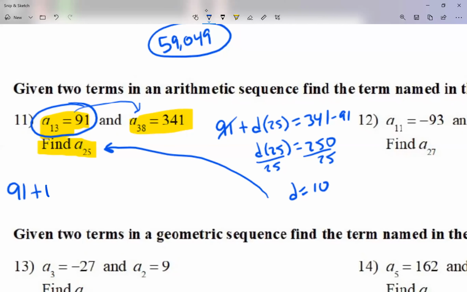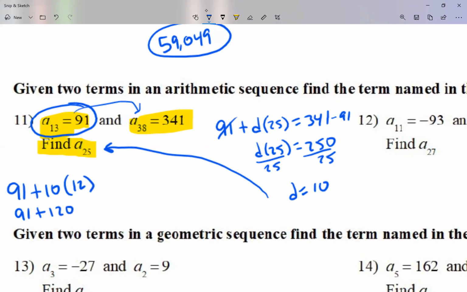And I'm going to add the difference, in this case 10, 12 times, because from 13 to 25 is 12 times. So I have 91 plus 120. Let's see. 91 plus 120 is 211. That's it.